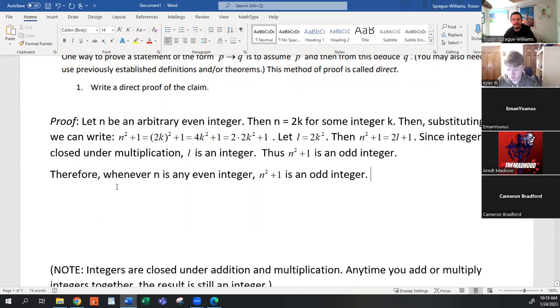I guess I've got a general question. For even integers, that equates to 2k for k an integer.